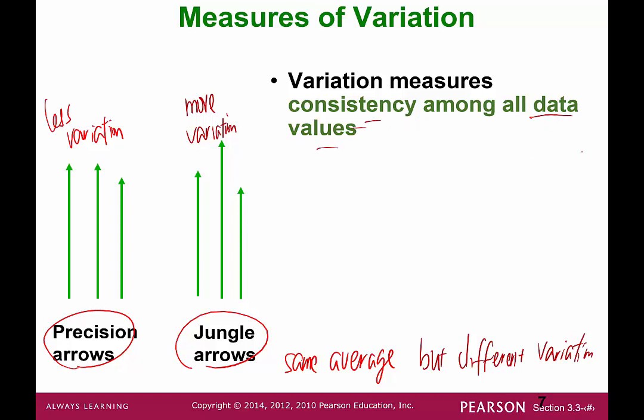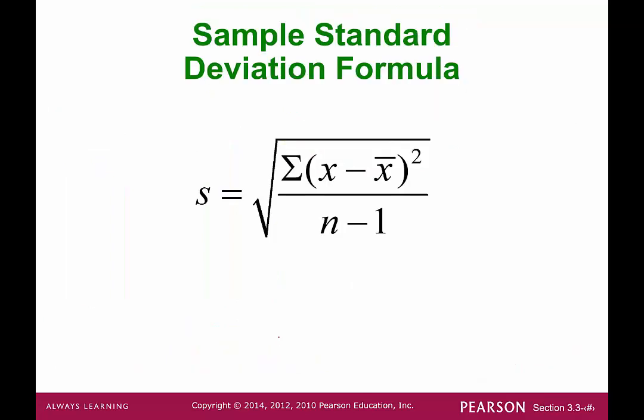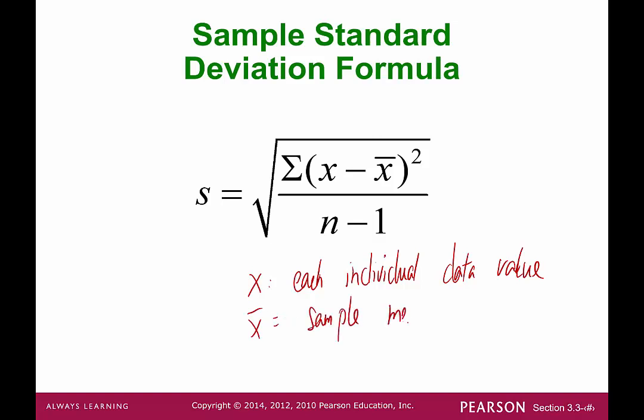Also, we use a typical formula to calculate the standard deviation. We have two formulas we can use. Next slide, I'm going to show you how to go through these formulas. In this formula, x represents each individual data value, x bar represents the sample mean, and n represents the sample size.